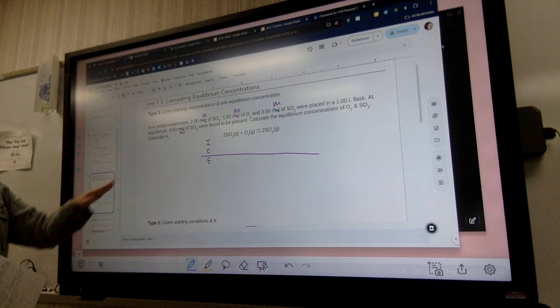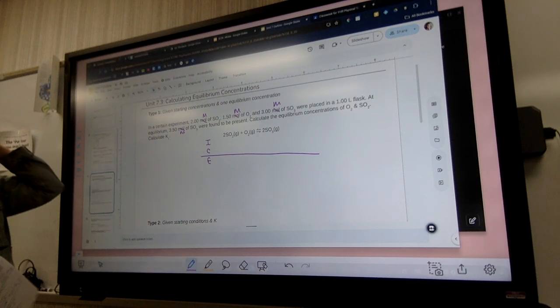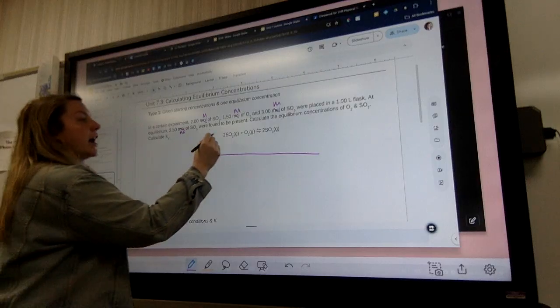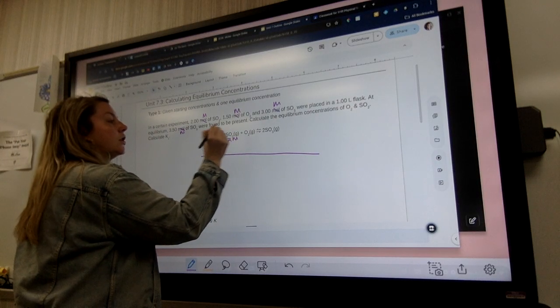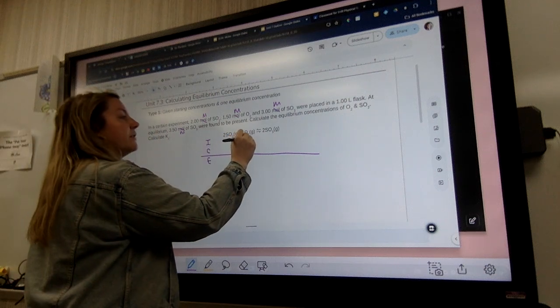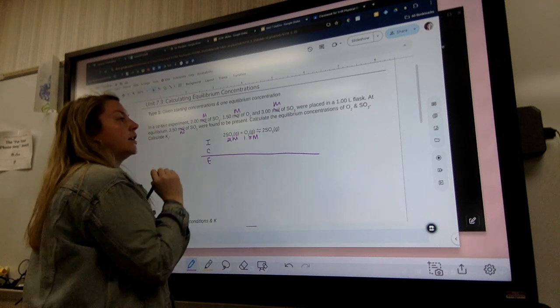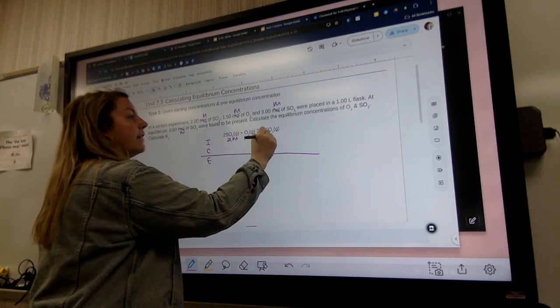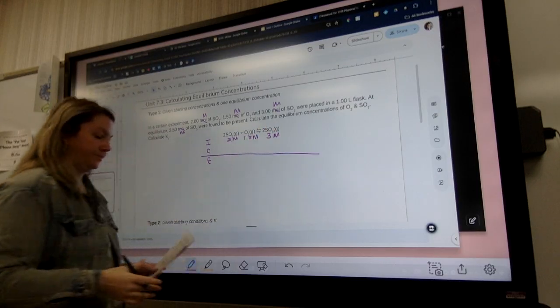First, we're going to start with our I, which is our initial concentration. So we're going to write in our initial concentrations for each species. For SO2, we have 2 moles, or 2 molar. For O2, we have 1.5 molar, and for SO3, we have 3 molar.